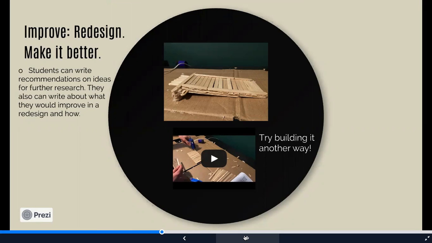If the prototype failed, students could ask why it failed, where did it fail, and how could the design process be improved in order to succeed in future tests. Students can iterate their designs in order to make them better. It's a repeatable process.